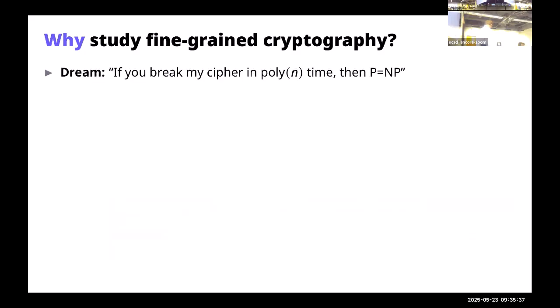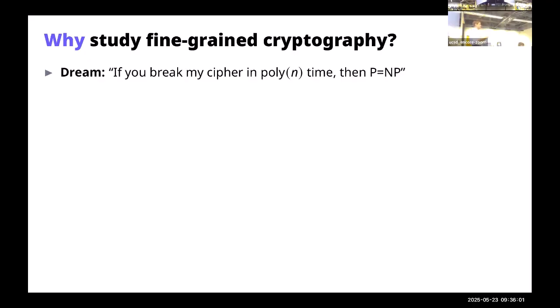So a big dream of cryptography would be to build some systems. Let me call them cipher for this slide. So you can think of a digital signature, you can think of public key encryption. Make a cryptographic scheme that is provably safe under some very well understood assumption.